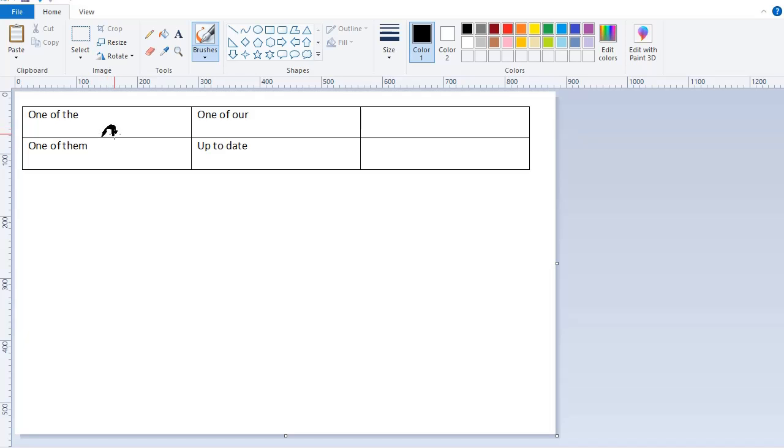Tinanggal nila yung we have one and then them. One of the pala, I'm sorry. We have one and then the. So, as you can see, tinanggal nila yung of. One the. One of the. So, bakit ganun?